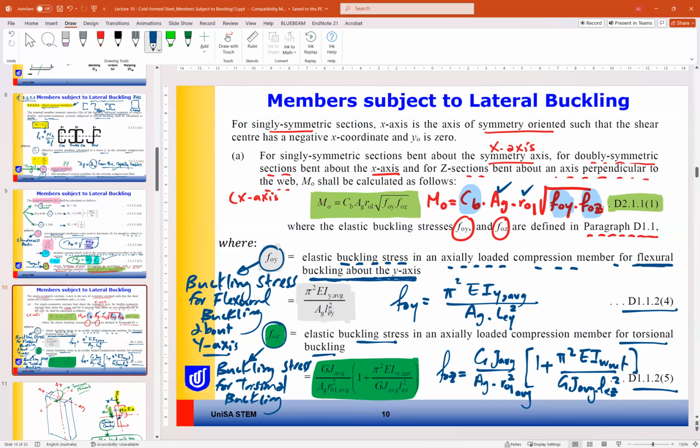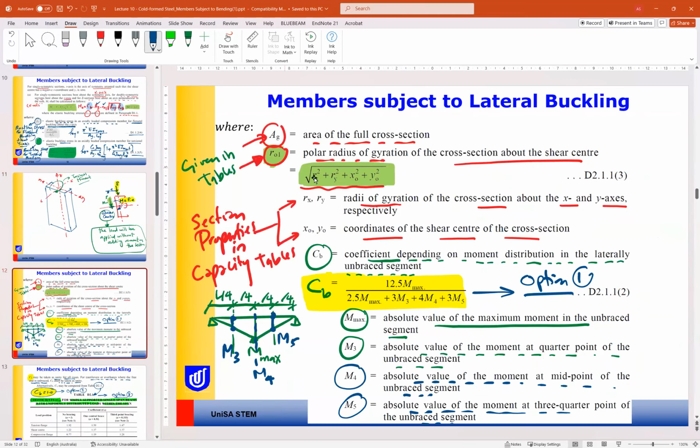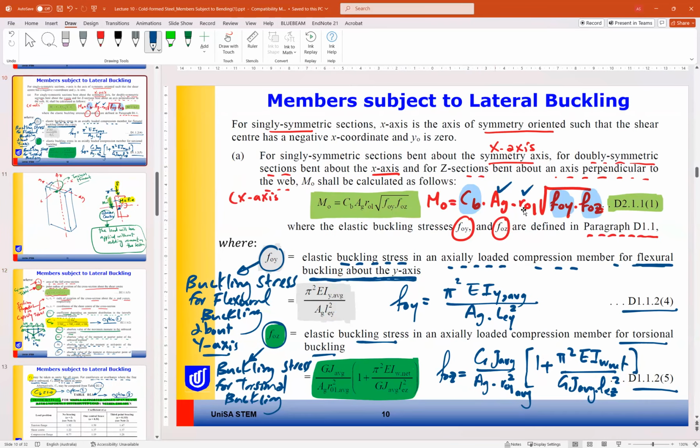If we find these two, we now need to find what? RO1 from this formula or from the table, and CB. CB can be taken as 1. So if we know CB, A gross, RO1, FOY and FOZ, we can find Mo.